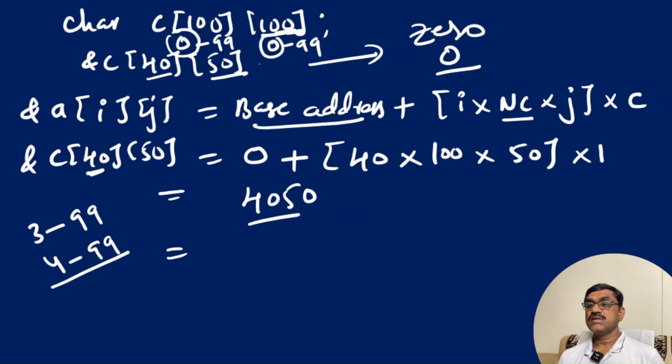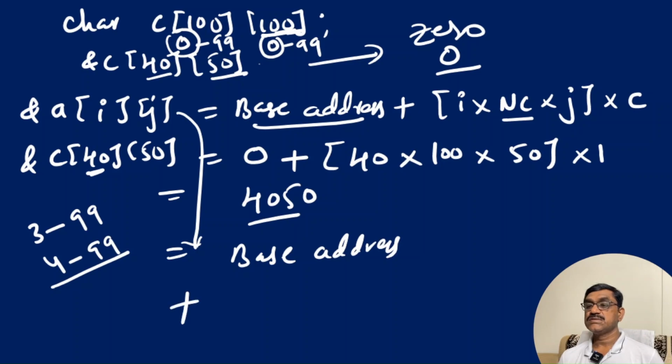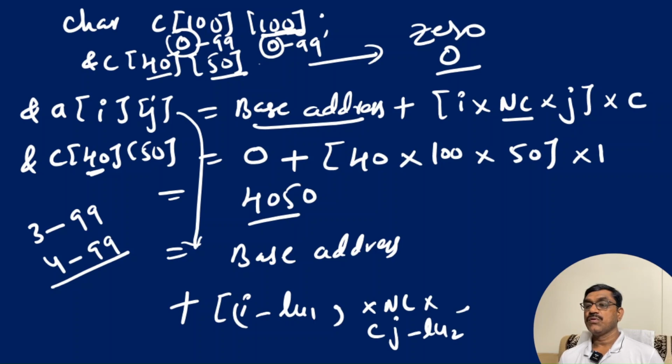In that case, this equation can be modified as the base address plus, you write i changed to i minus lower bound 1, into NC, plus j changed to j minus lower bound 2, into C. This is the equation we have to use when the starting index is not 0.